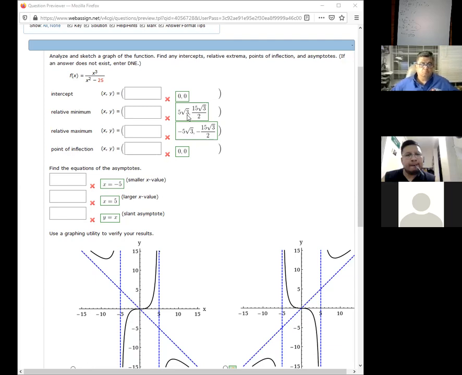I got the x values, but when I plugged them into a calculator, I wasn't getting the 15 to the square root of 3. So I guess that's my issue. Yeah, they want exact answers. So you have to plug this weirdo number in as a cube. Yeah, exactly. You'd have to do it by hand.